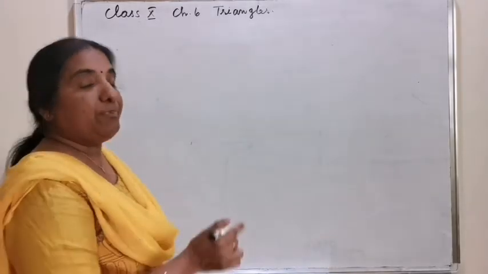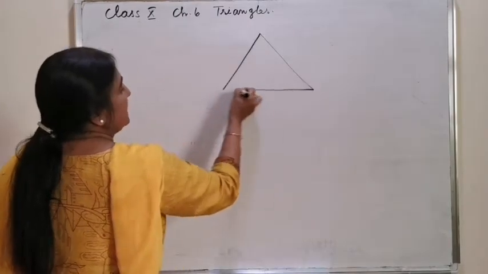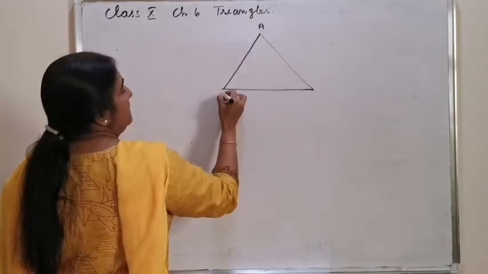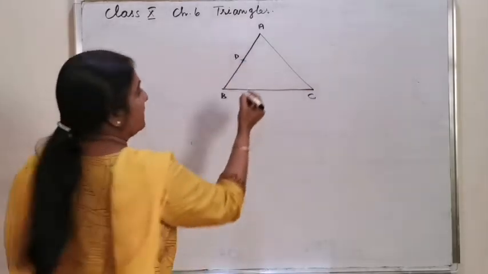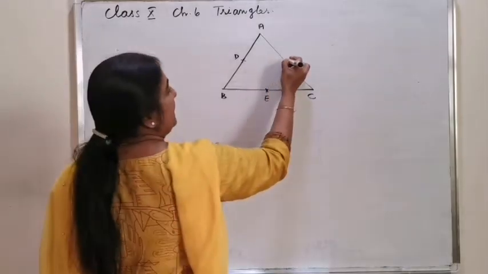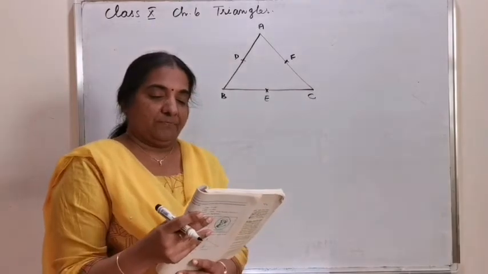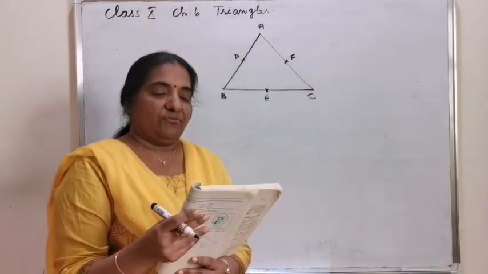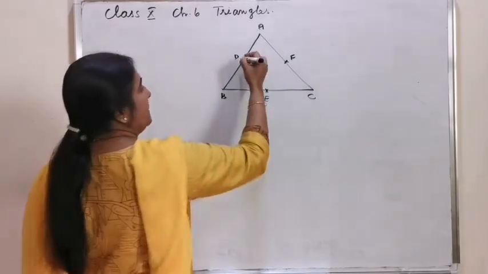D, E, F are the midpoints of AB, BC and AC. D is the midpoint of AB, E is the midpoint of BC and F is the midpoint of AC. It is given in the question. Find the ratio of areas of triangle DEF and triangle ABC.